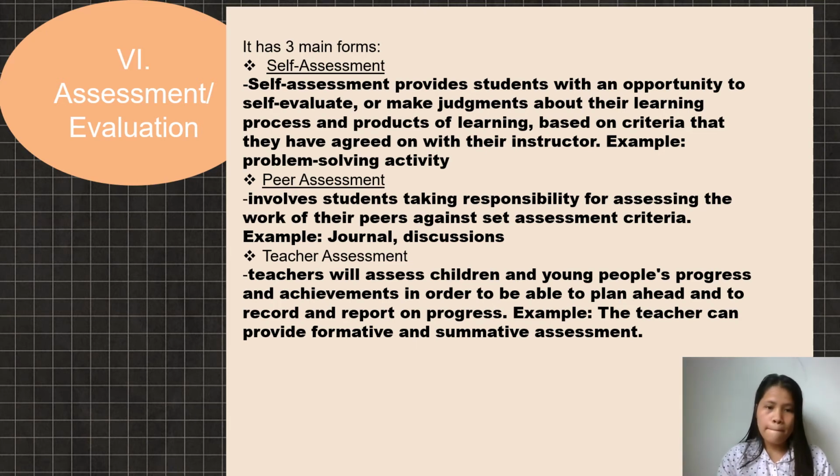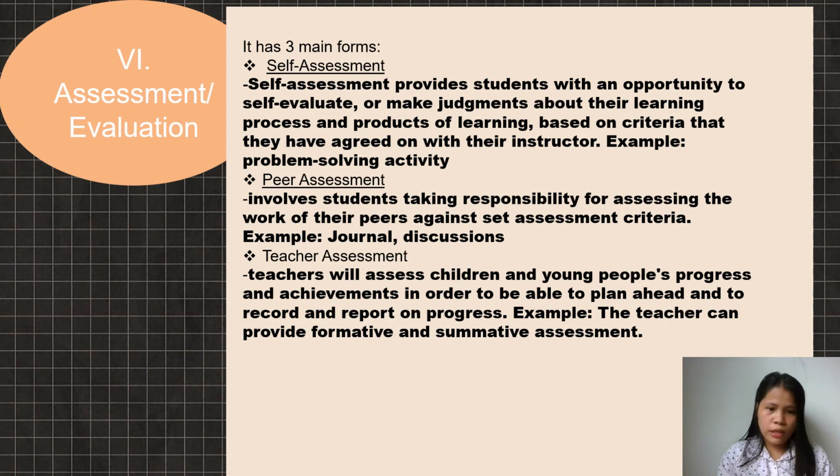Next is peer assessment. It involves students taking responsibility for assessing the work of their peers against set assessment criteria. For example, a journal, where you have peer by peer. Next is discussions. You have them by peer also so that you can brainstorm your ideas.